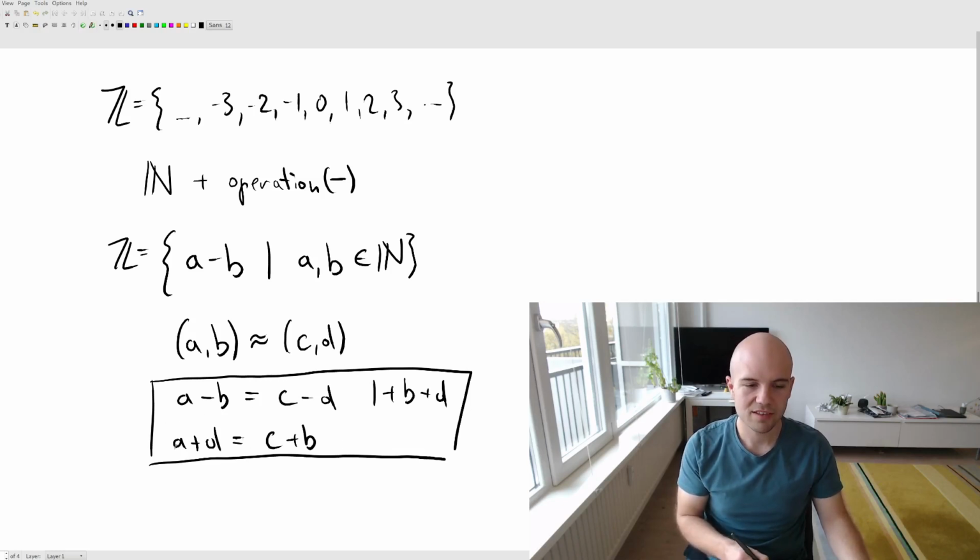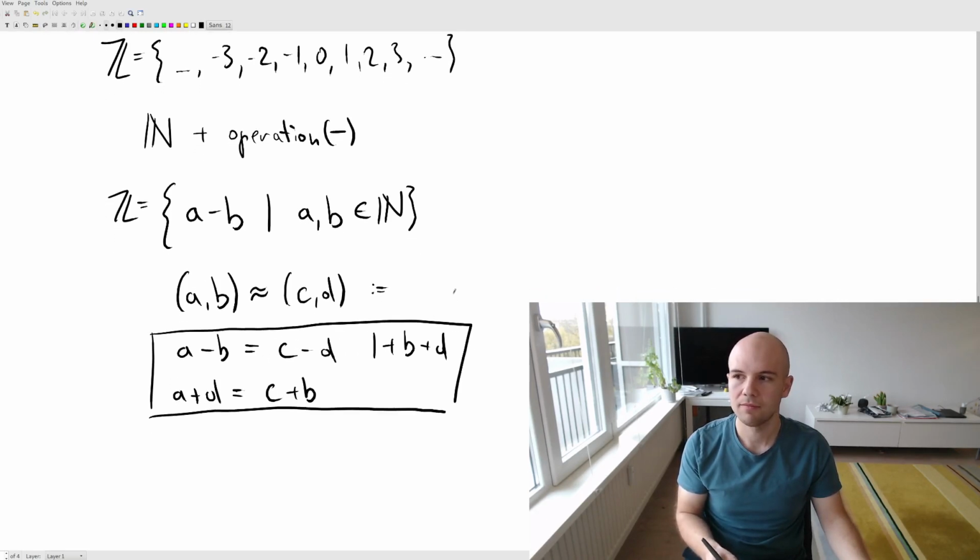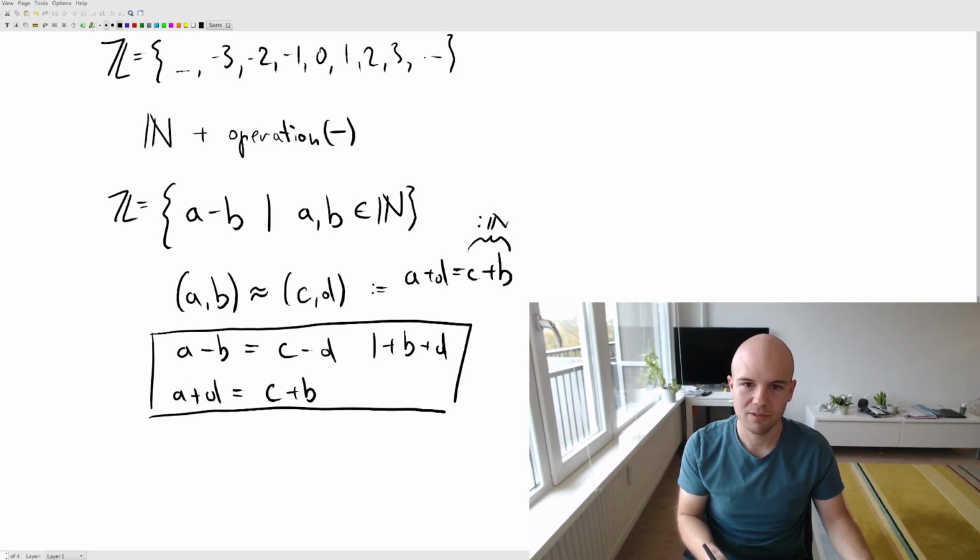So we will use this equation as the definition of the equivalence relation on the pairs: a plus d equals c plus b. It makes sense when we interpret the pairs as subtractions, and we can define it purely in terms of good old natural numbers. So this is the equivalence relation that we will use for the integers.